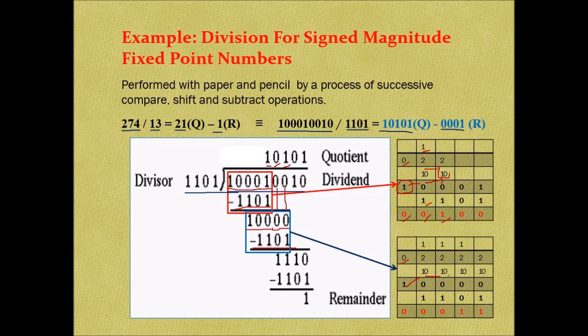Then this is borrowed to this position and it becomes 10. This 10 is now borrowed to this bit position and this becomes 10. So this 10 is subtracted from 1 and the result is 1. Once I have borrowed the 1 from here to here, this 10 becomes 1.